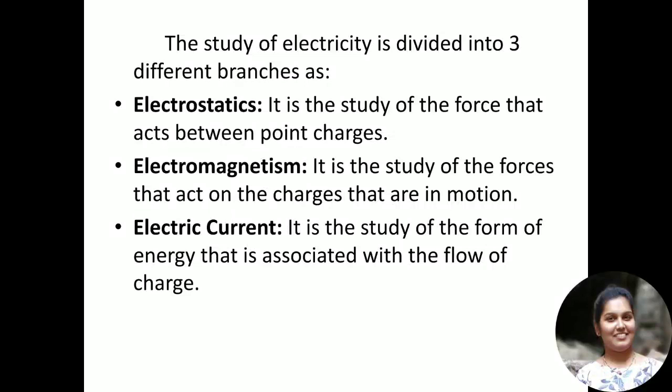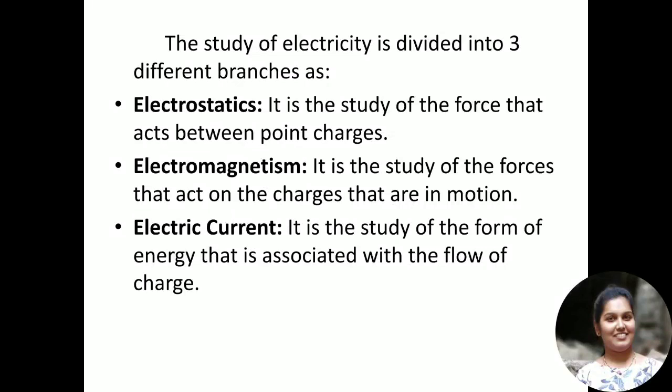The second is electromagnetism. It is a study of the forces that act on the charges that are in motion. Electrostatics is nothing but the force between the point charges. Electromagnetism is nothing but the forces that act on the charges which are in motion, that is moving charges.